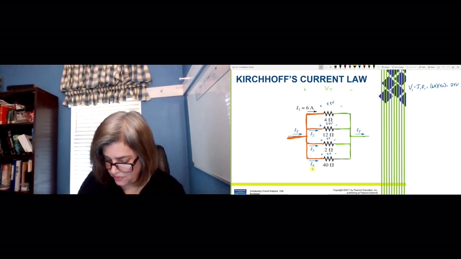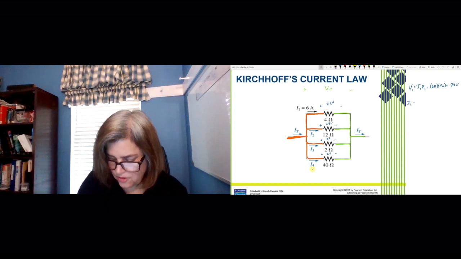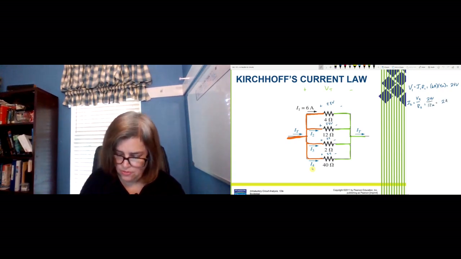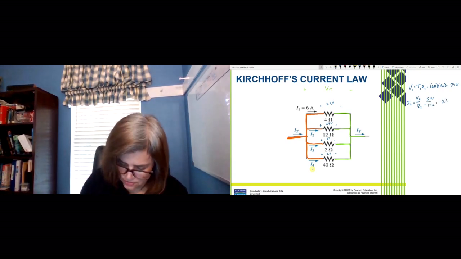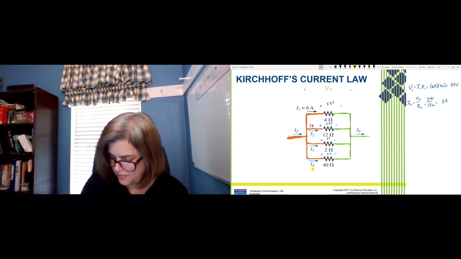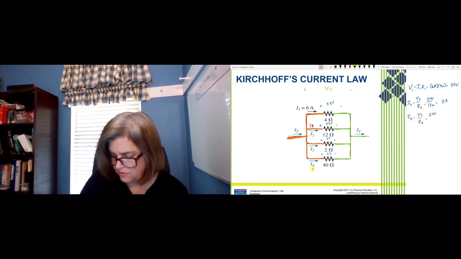That's the definition. So if we want I2, that's going to be V2 over R2, where we've got 24 volts over 12 ohms, or 2 amps of current through there. And then I3 would be V3 over R3. Again, 24 volts across that resistor, which is a 2 ohm resistor.